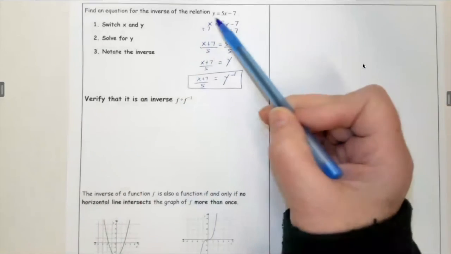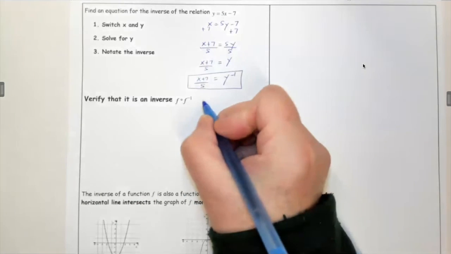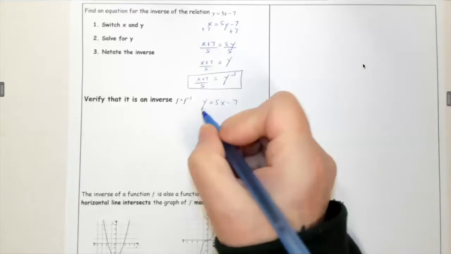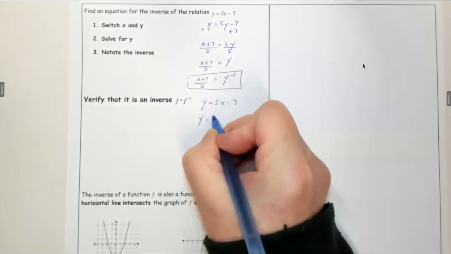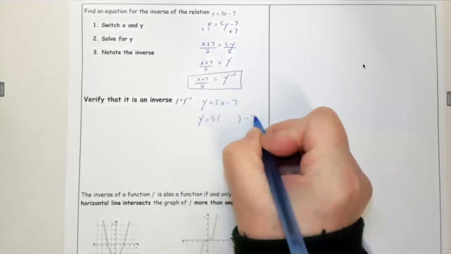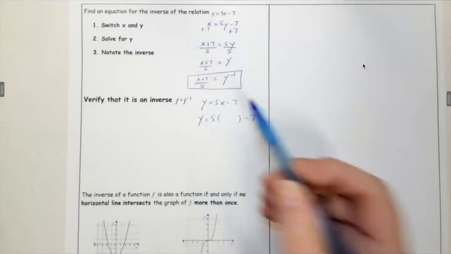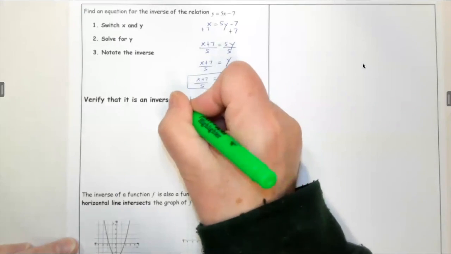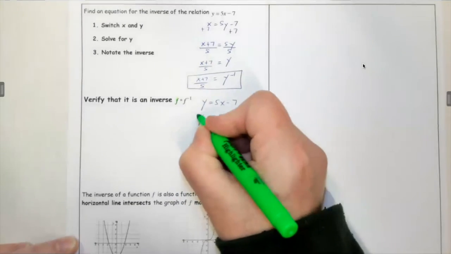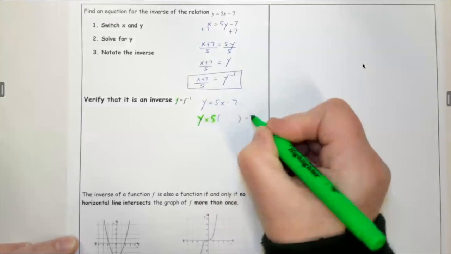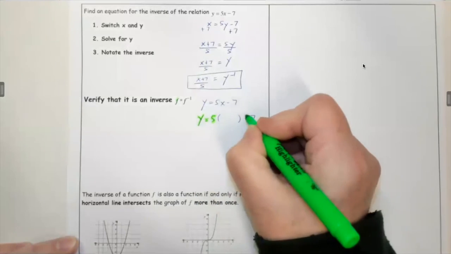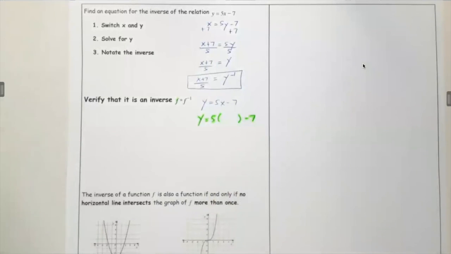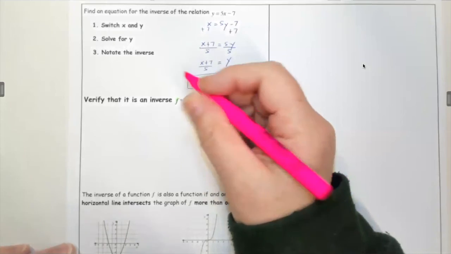Starting with f, y equals 5x minus 7. I am going to substitute in to the x. I'm going to substitute in my inverse. We have f, there is our f function, and we are going to substitute in the inverse that we just found.